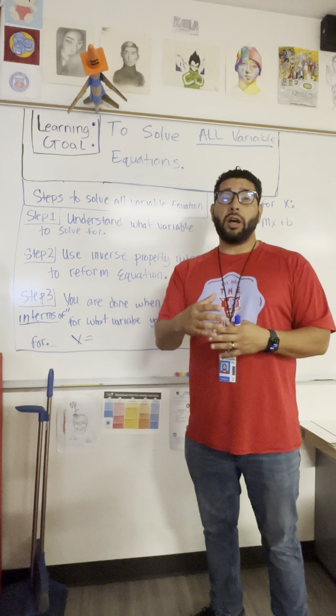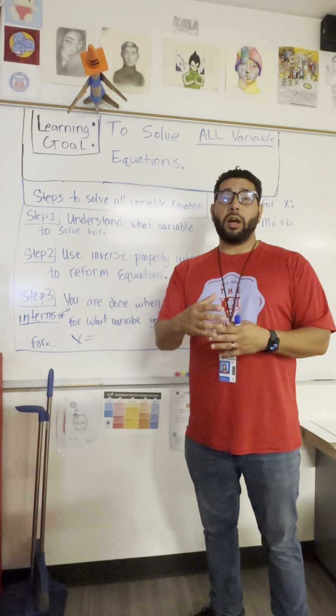And now I want to solve for x, so I've got to get rid of this m. M is being multiplied to x because they're right next to each other. Whenever you have variables right next to each other, you know they're being multiplied. So m times x. What's the opposite of multiplying by m? Dividing by m. We've got to divide both sides by the variable we want to get rid of.